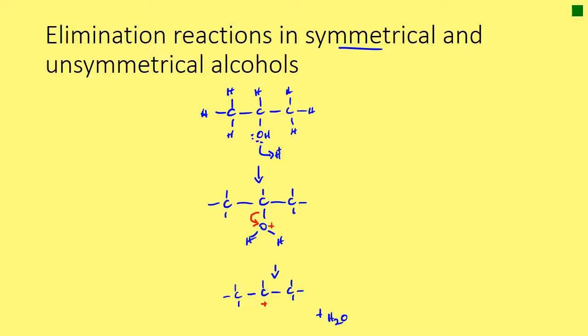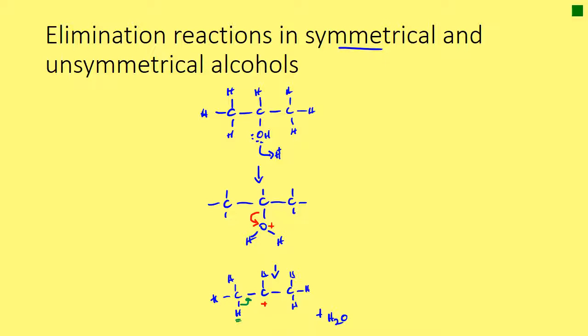And so the next step, in fact, for this case, let's draw in some hydrogens, because what could happen is we could either, let's take one colour, let's take green, we could either lose this hydrogen that I'm underlining in green.